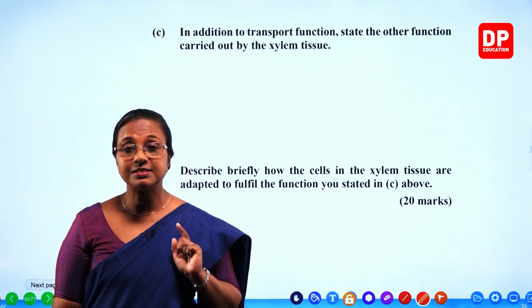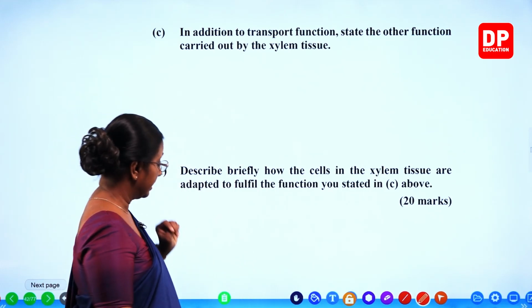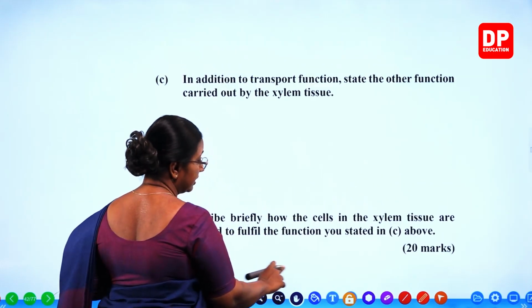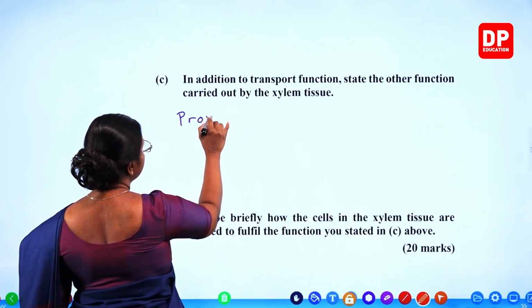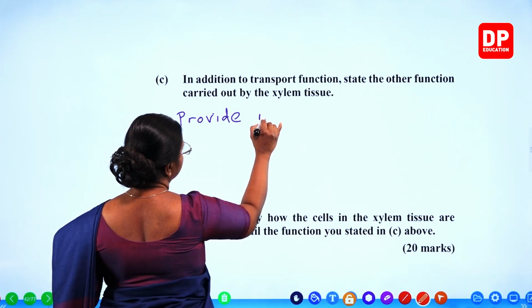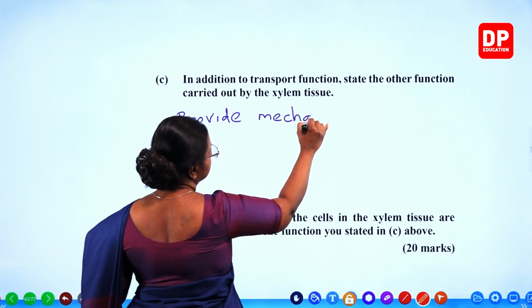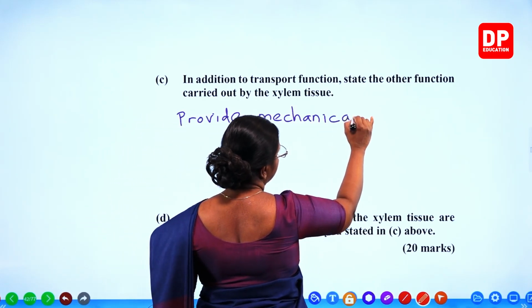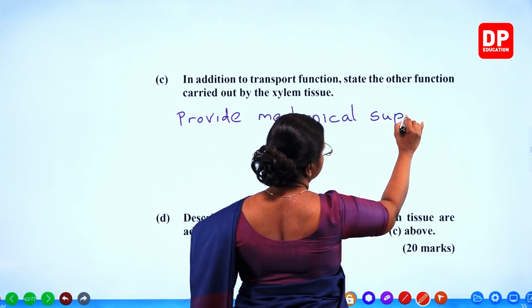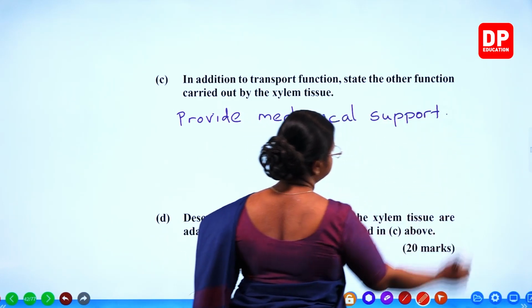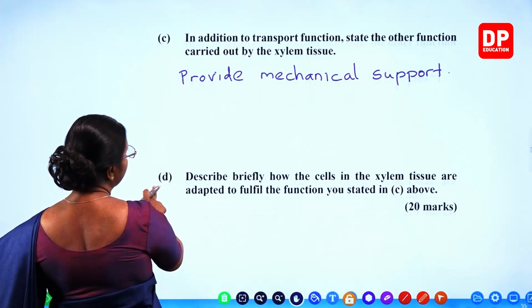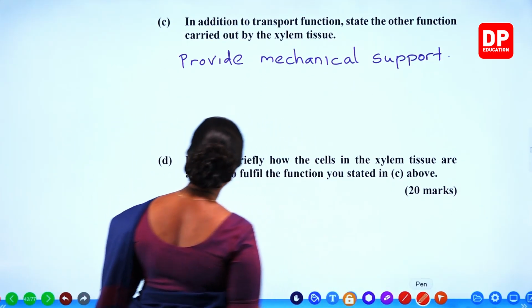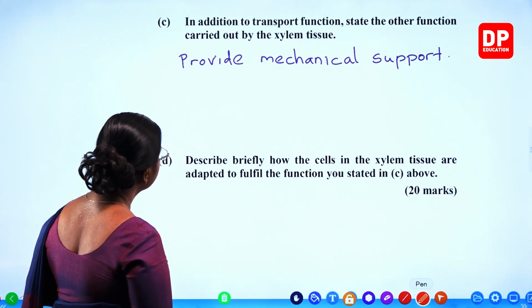So, the second function is mechanical support. That is the answer.